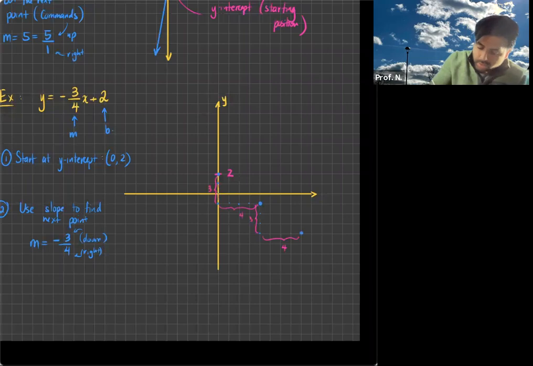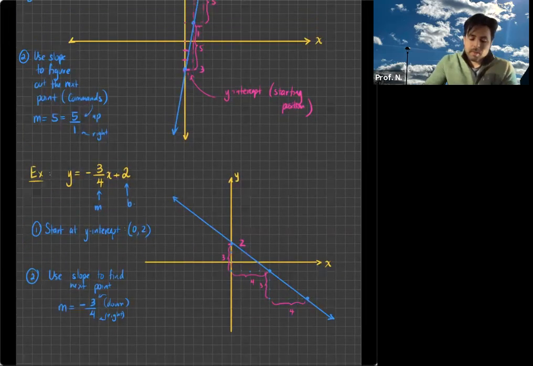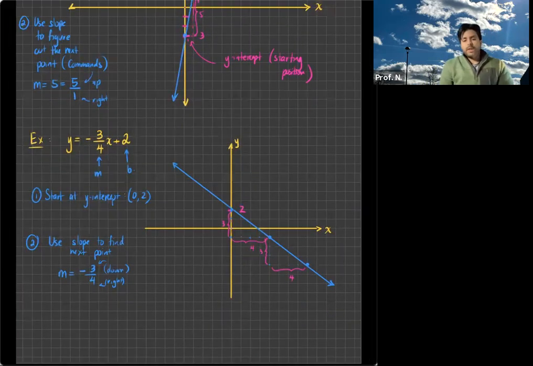And then I draw a straight line, and this is the sketch of my graph. Okay, so this is how we approach any line that's in slope-intercept form.